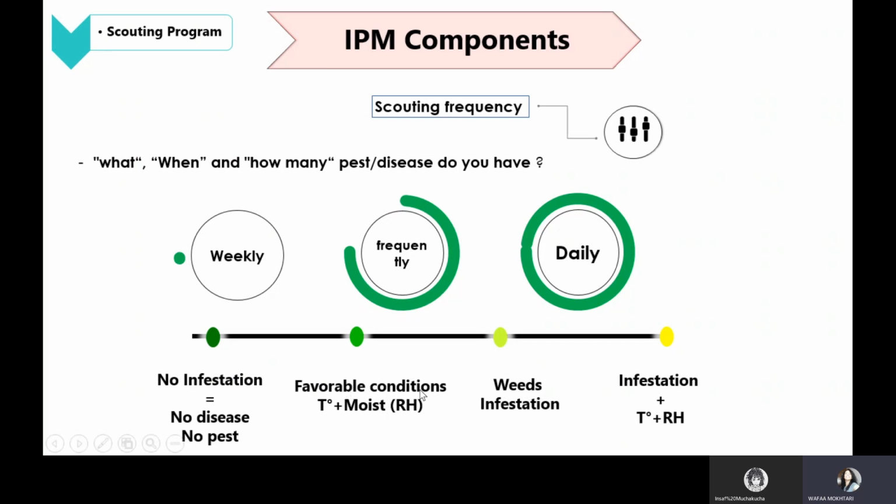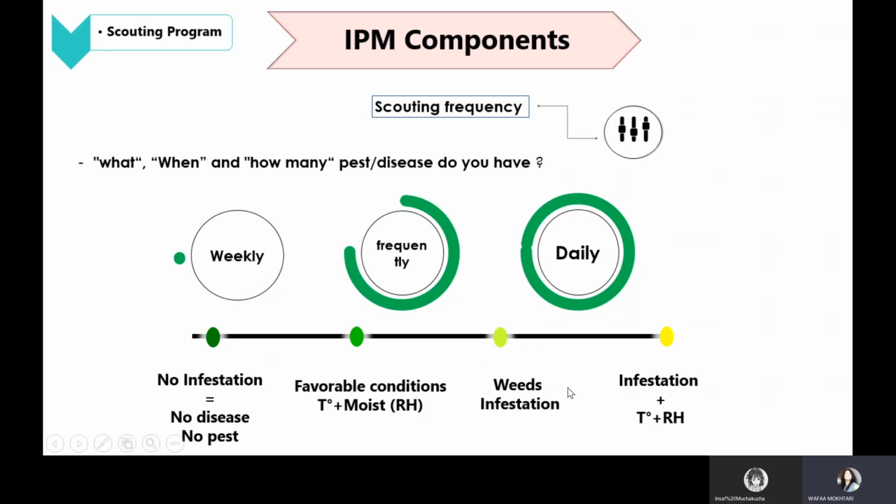If you have favorable conditions, such as the temperature these days and the moisture this morning or the last two mornings, which may lead to some diseases or pest attacks, you should start visiting more frequently, which means two to three days a week.